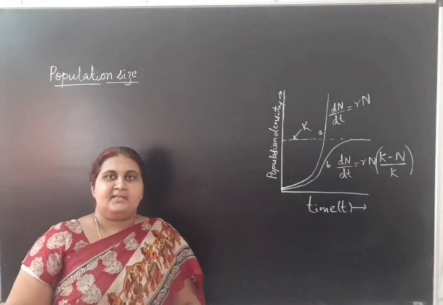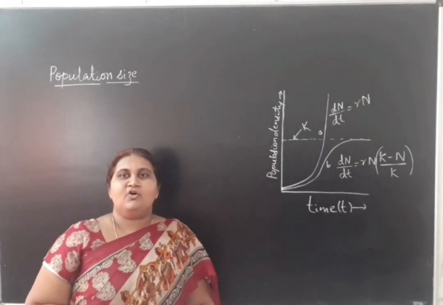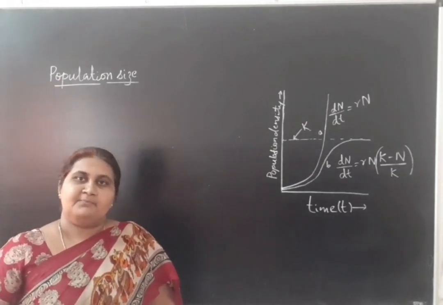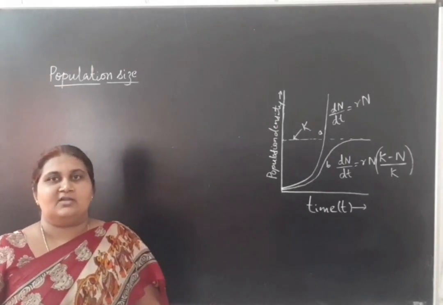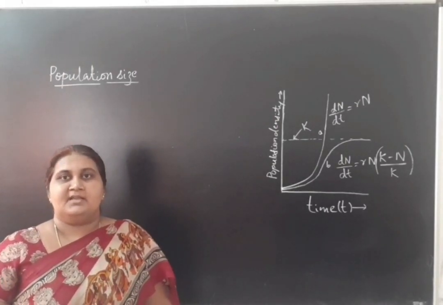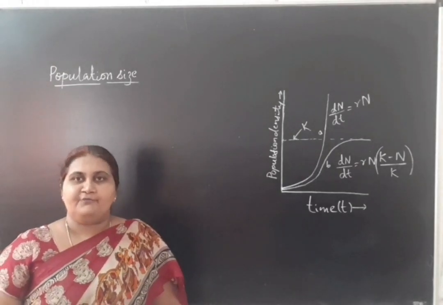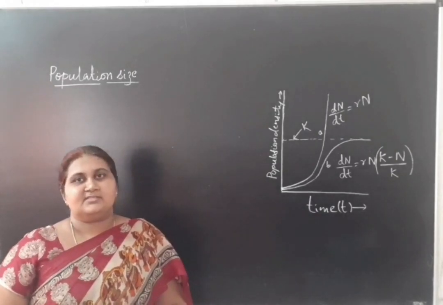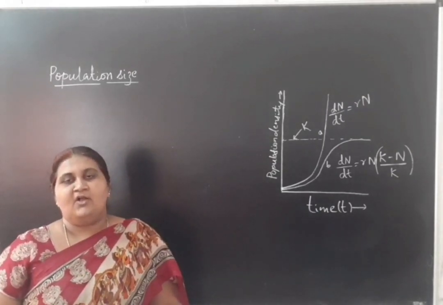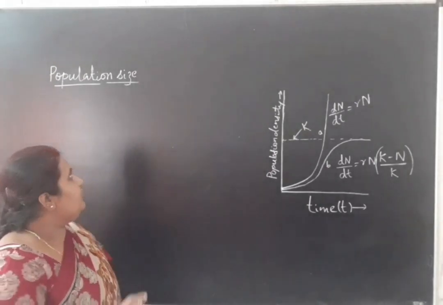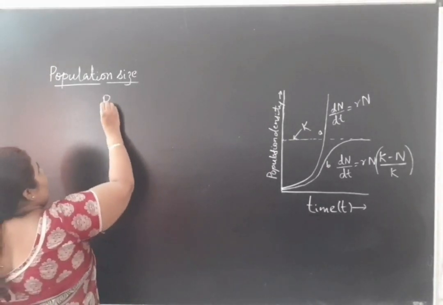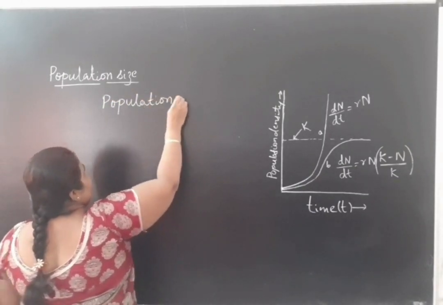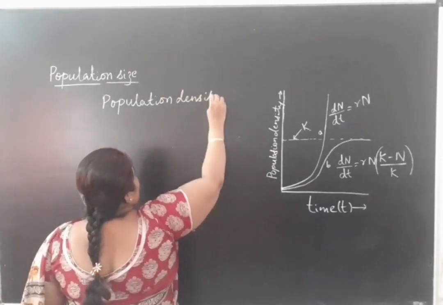Population size is defined as the number of individuals of a species per unit area per unit time. Population size is more technically also known as population density.